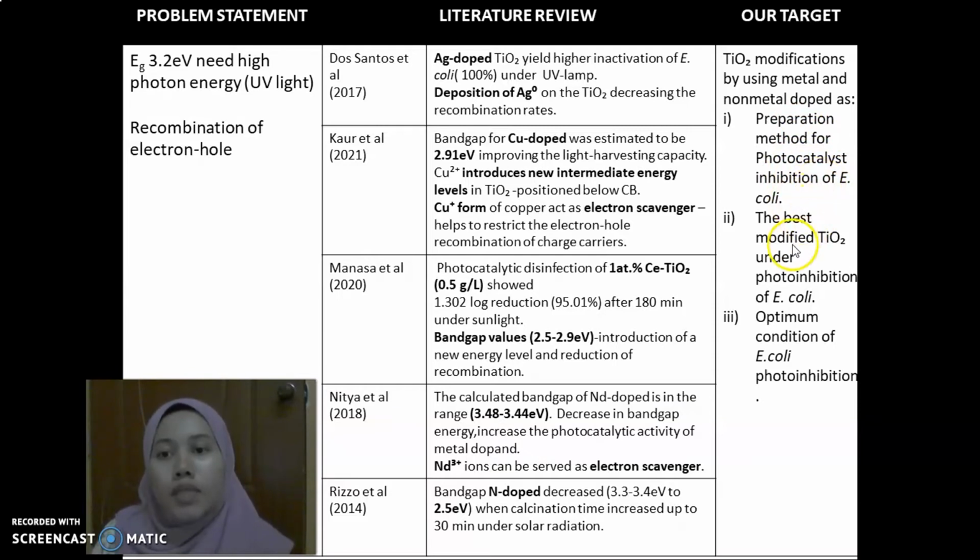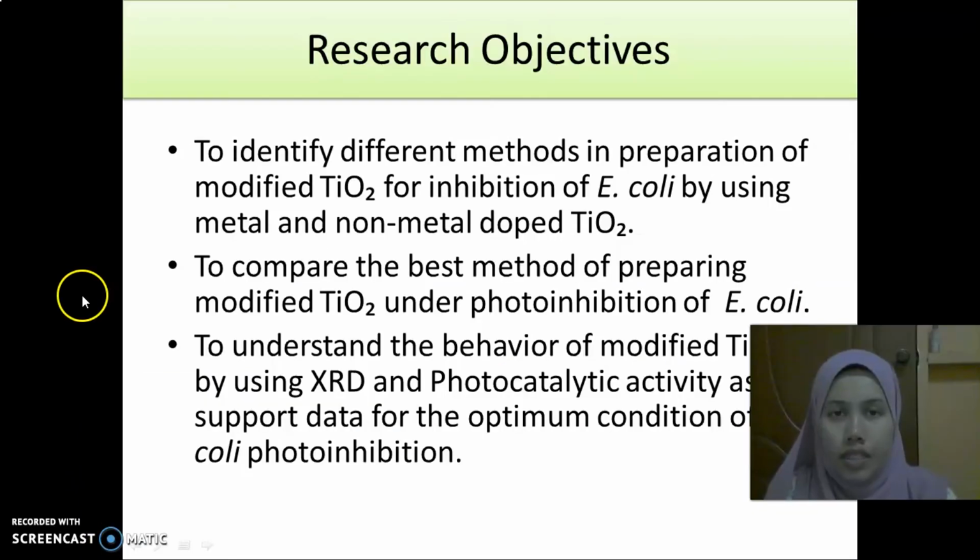The targets of this review are the preparation methods for photocatalyst inhibition of E. coli, the best modified TiO2 under photoinhibition of E. coli, and the optimum condition of E. coli photoinhibition. The research objective is to identify different methods in the preparation of modified TiO2 for inhibition of E. coli by using metal and non-metal doped TiO2.